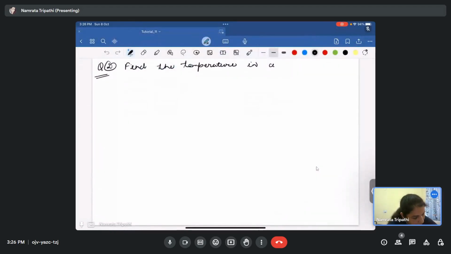In a laterally insulated copper bar of 80 centimeters, so L is given.